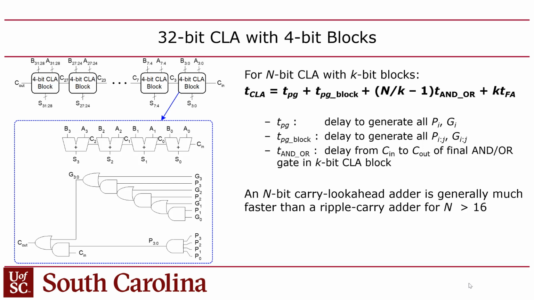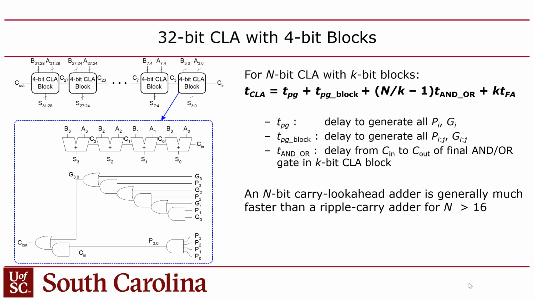And then you have to add to that the time for the propagate and generate block. You have to add the initial time to go through this logic, but only once, because they're all being done in parallel, right?